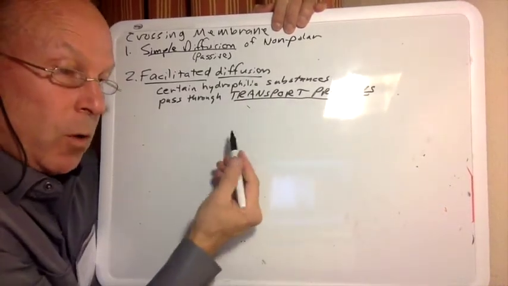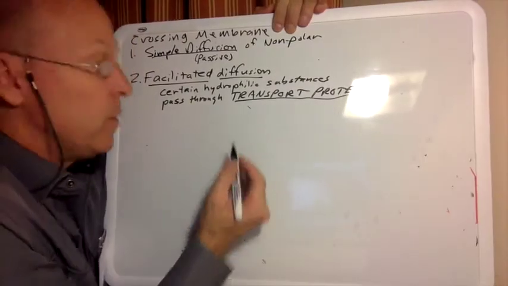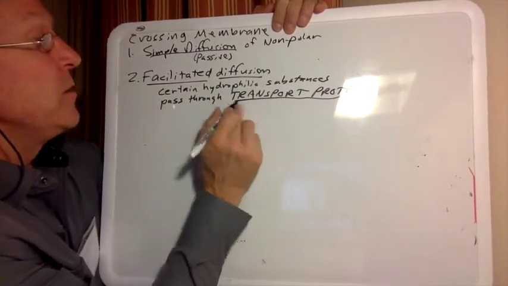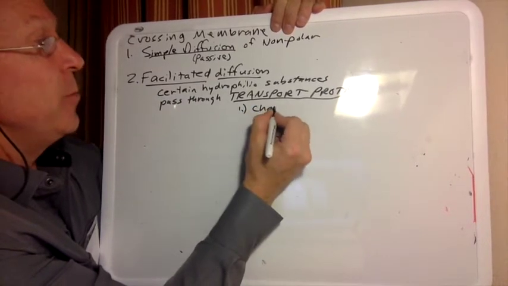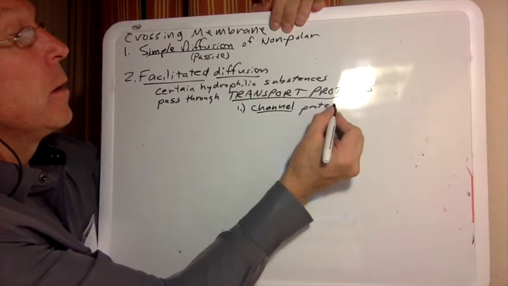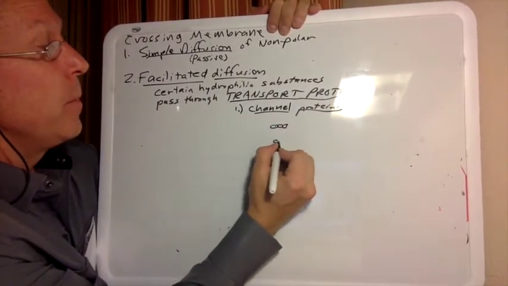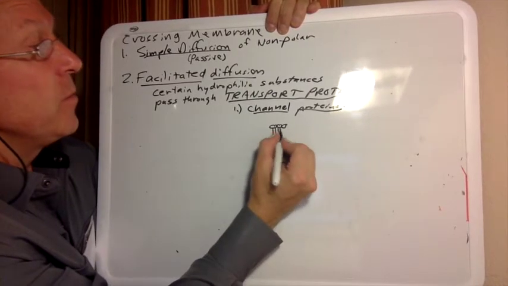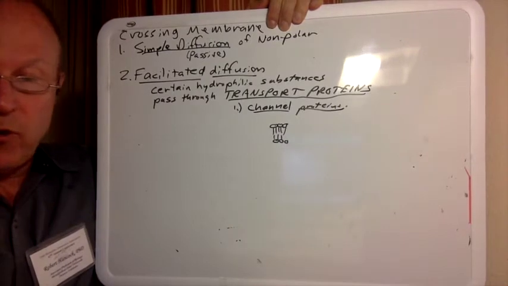Okay, so we can take a look at this. The transport proteins that we have, I'll draw these again, but of course we have channel proteins. And this one we could draw, put a little bit of phospholipid bilayer here, and draw this as the big donut that we drew before.